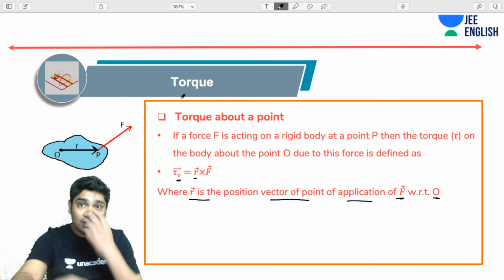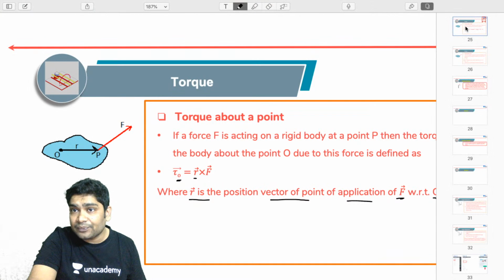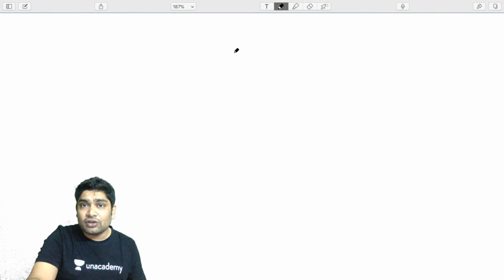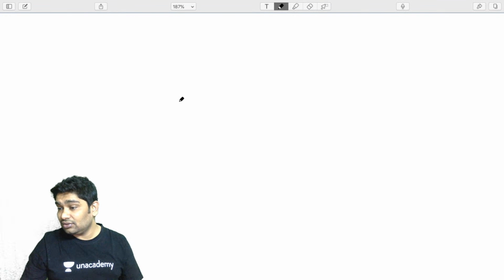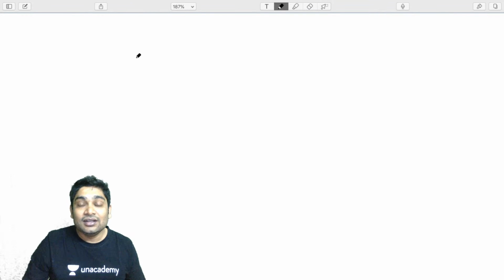Now, what exactly do you think physically torque means? Okay, so let's talk about this. What essentially it's telling you is it is the measure of effectiveness. Torque is essentially a measure of effectiveness of a force to produce the change in rotational state. Not every force can produce a change in rotational state of any body.